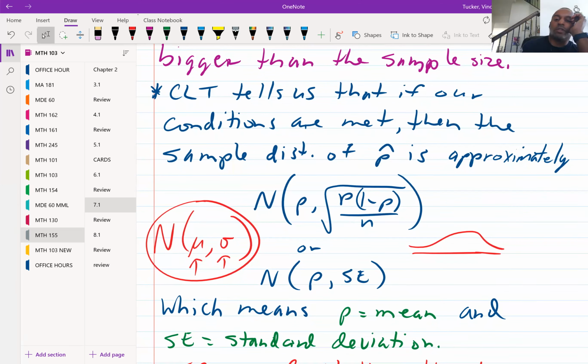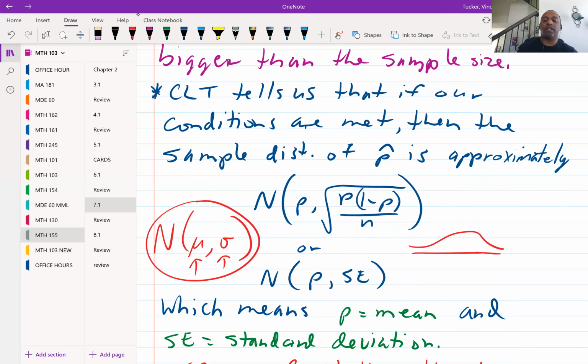All right. So notice how they give us the notation. In red is the normal way of notating it: capital N, parentheses, a number, comma, another number. Whenever you have that capital N, it represents your normal distribution. And in that normal distribution, your mean is the first number, and the standard deviation is the second number.